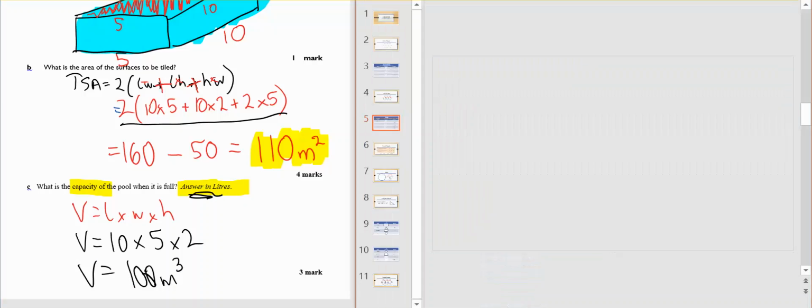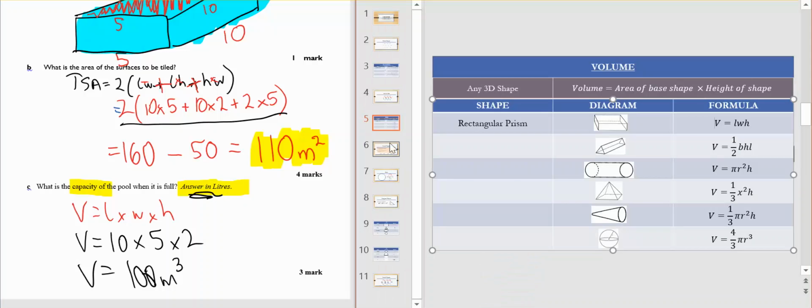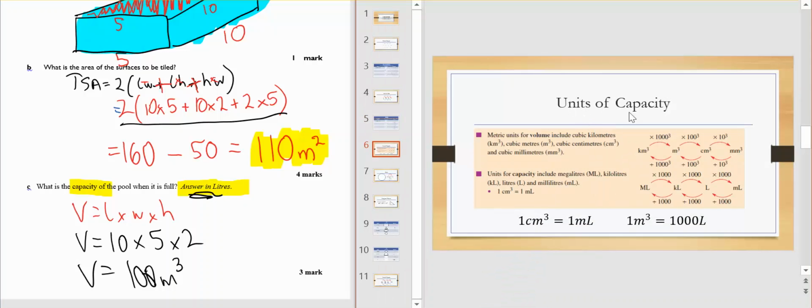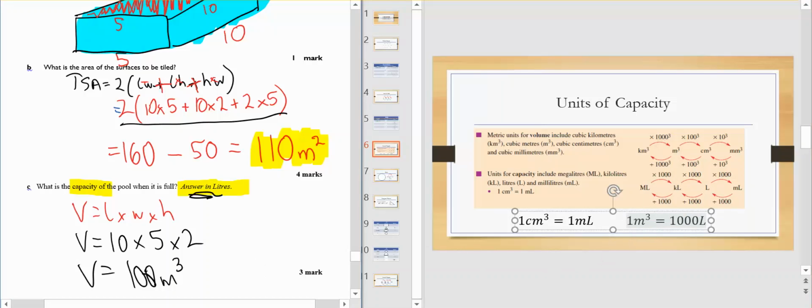So if we go to our exam book, we need to remember that when we're dealing with units of capacity, 1 metre cubed is 1,000 litres. So we need to go from 1 metre cubed to 100 metres cubed. And if 1 metre cubed is 1,000, that means we are going to times this answer by 1,000.